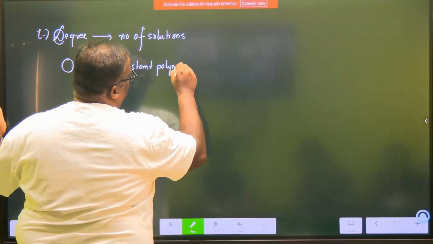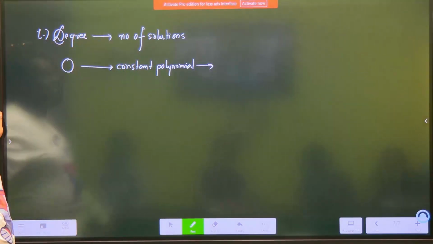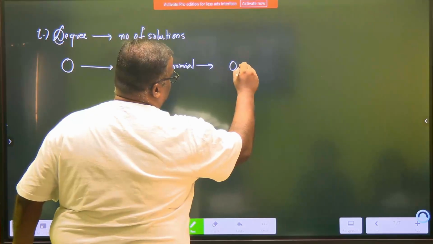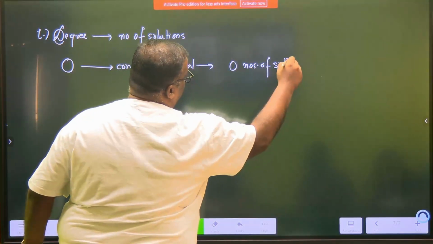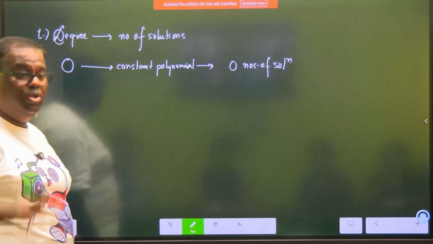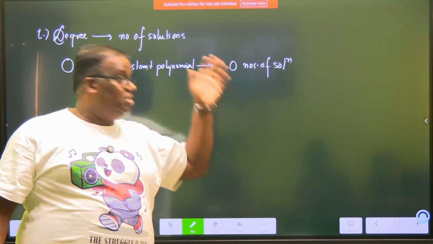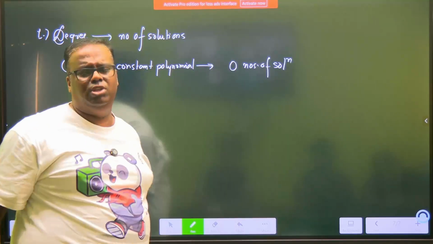If you are a constant polynomial, this will help you in entrances and all. Your number of solutions will be 0. Children mistake it, thinking 0 is a solution. No, 0 is the count here. How many solutions? 0 number of solutions means no solution. Sir, prove it. We don't agree.